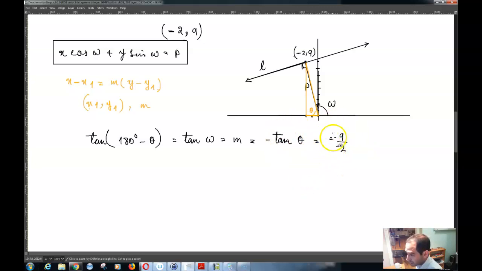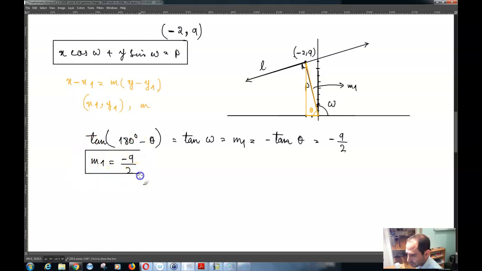And so that is actually the slope of this line. If I take the slope of this line as m1, then m1 is equal to negative 9 by 2.